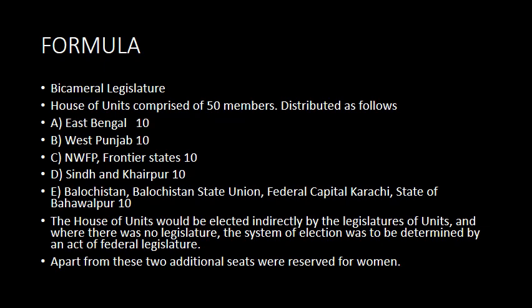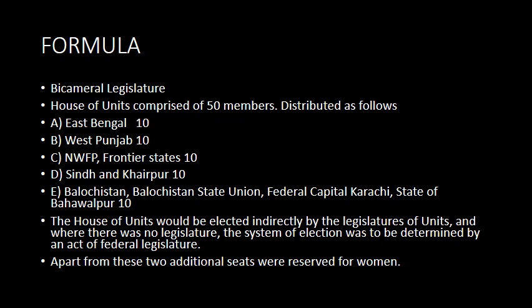So the West Wing got a majority in the House of Units, because the House of Units was representing units, and all units had to get an equal number of members. In this way, the West Wing had a majority in the upper house, but a minority in the lower house. In the lower house, the East Wing was given more seats, which we will discuss in the next slide.